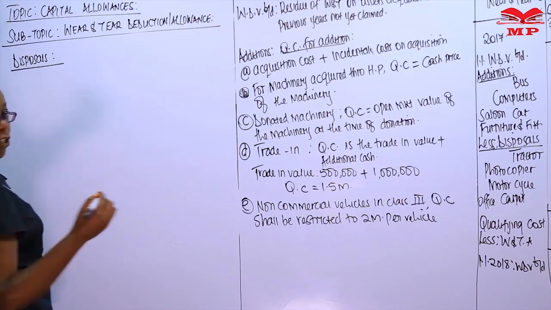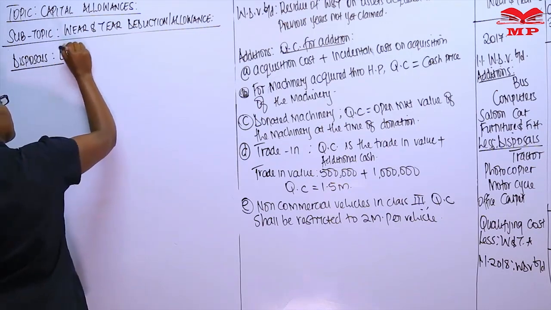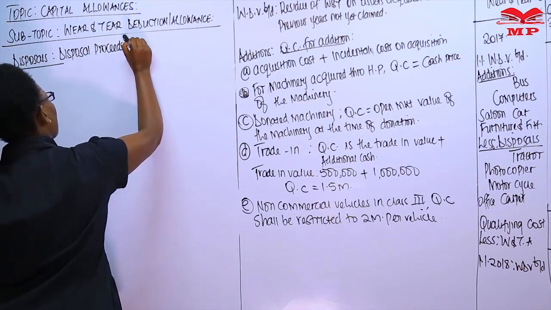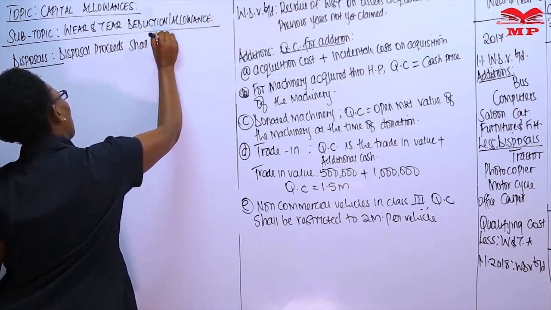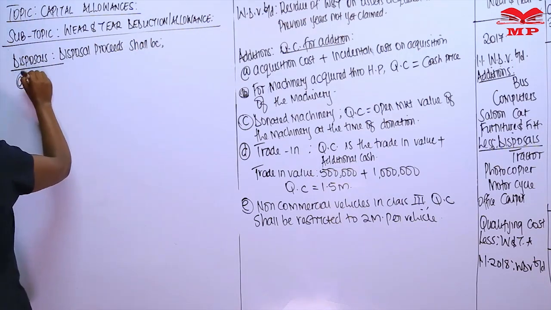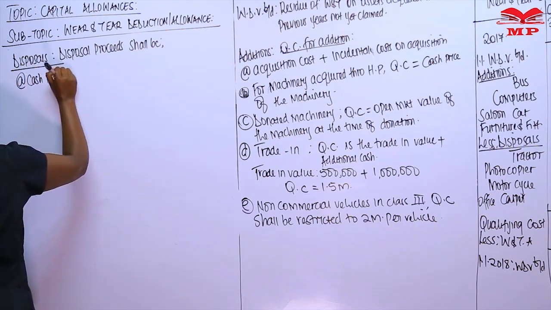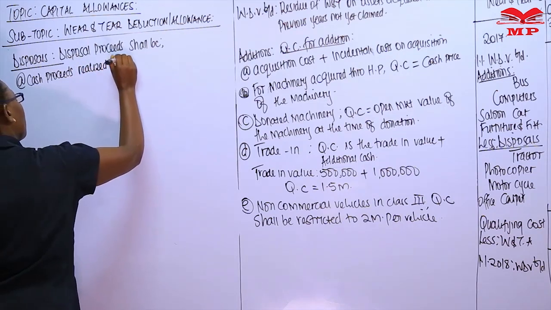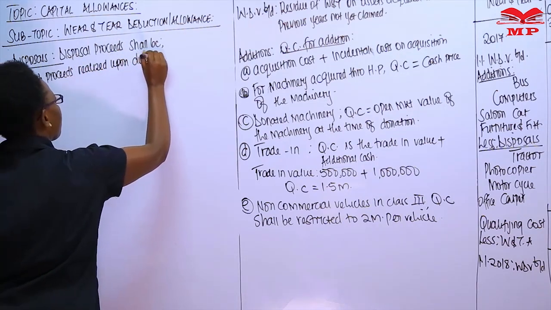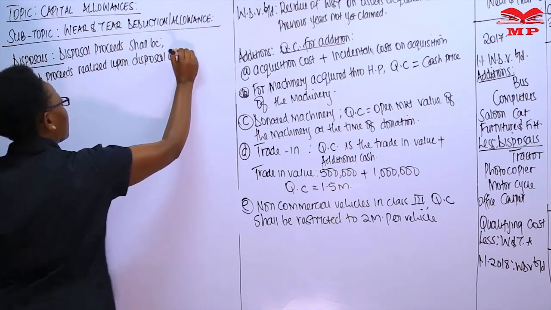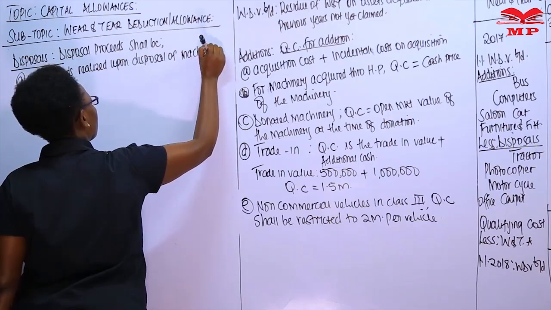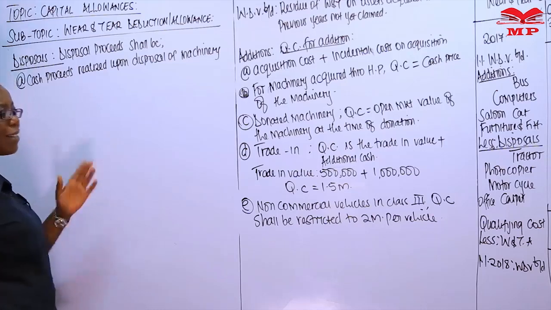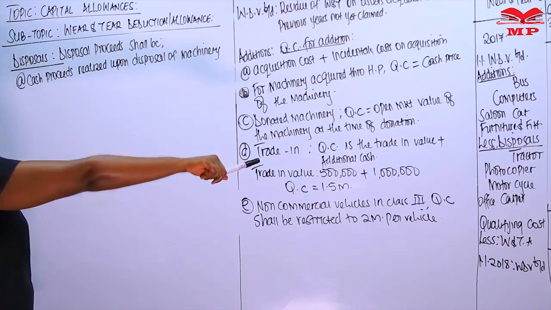Disposal proceeds shall be, one, cash proceeds realized upon disposal of machinery. So simply, how much have you sold, for example, furniture for, 1,000? That is the disposal. That is what you will deduct from that format there.